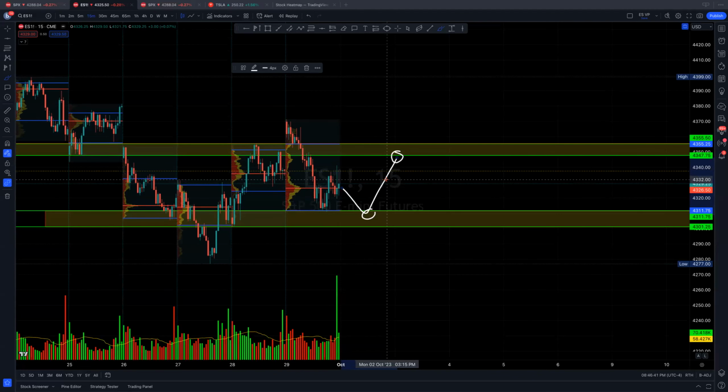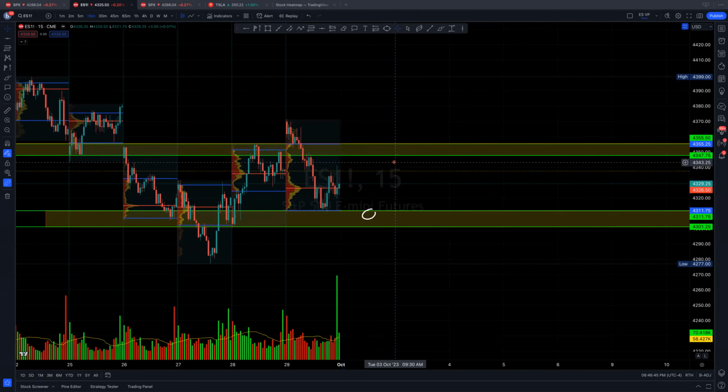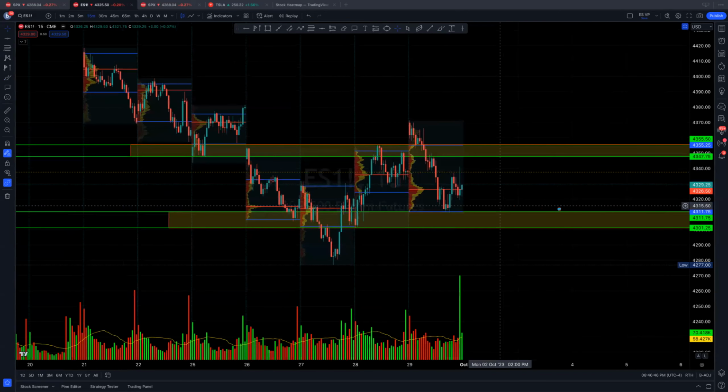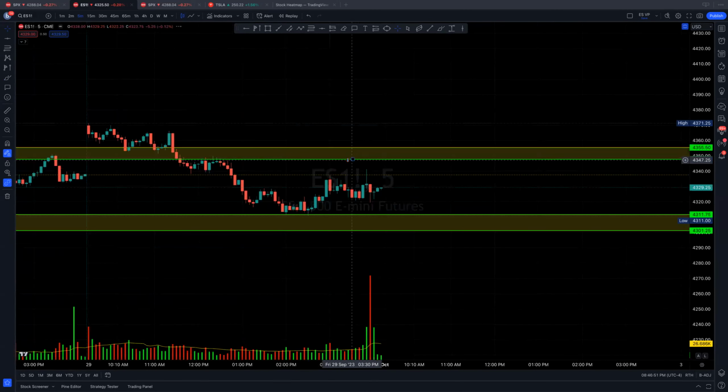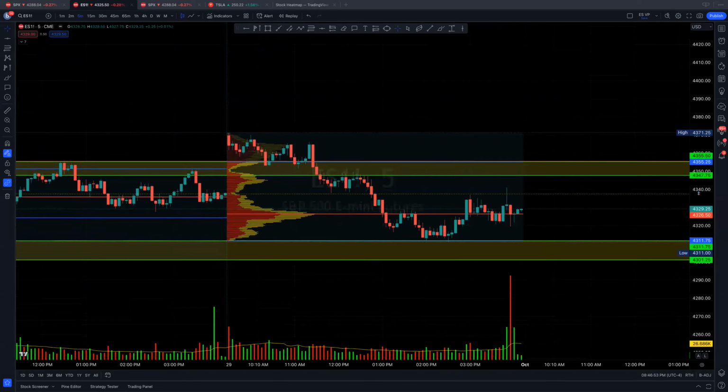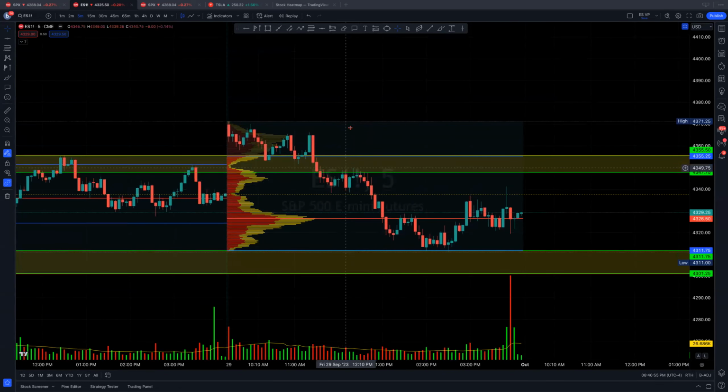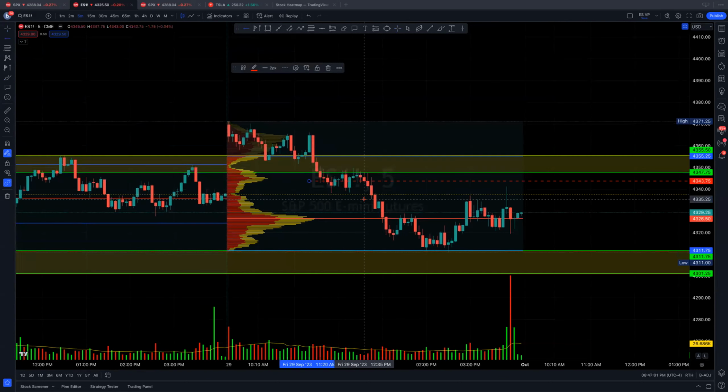For example, on Friday, and I'm pretty sure some of you were on this trade with me, I went long here on ES. I think I entered somewhere around here.